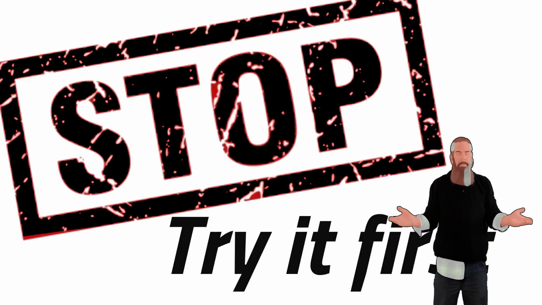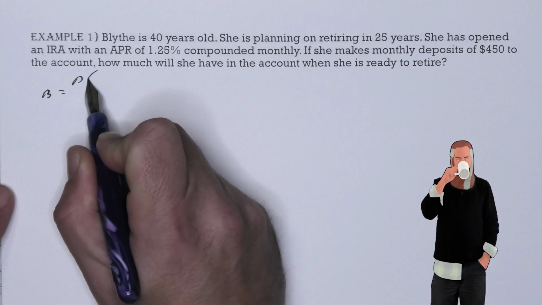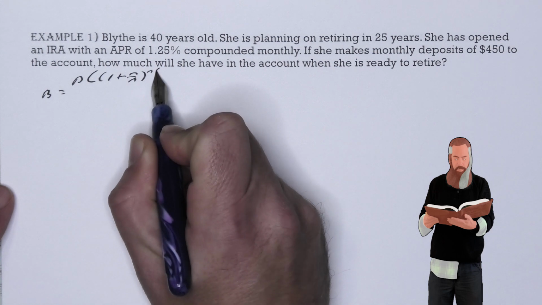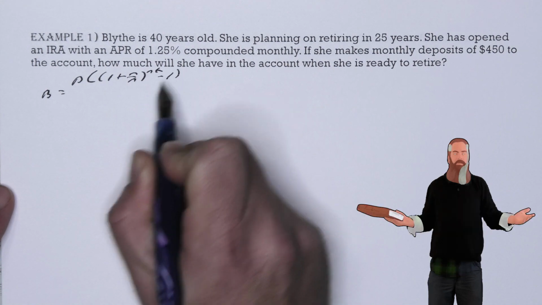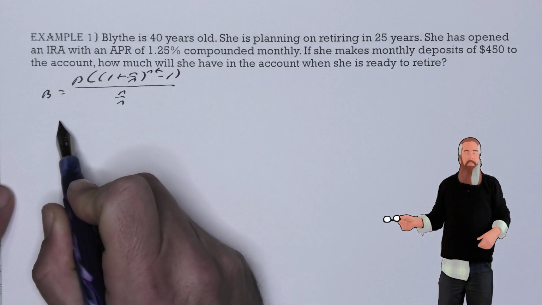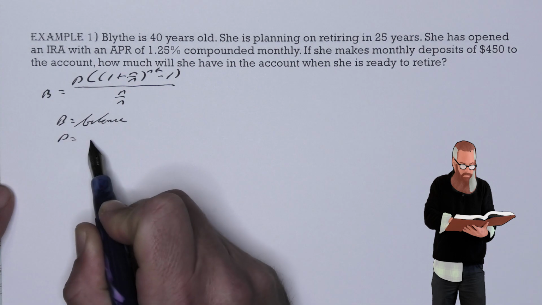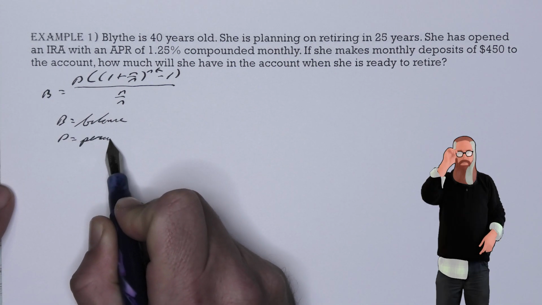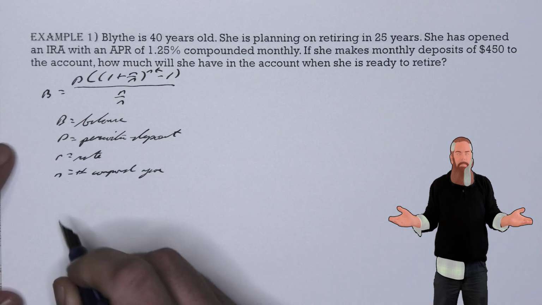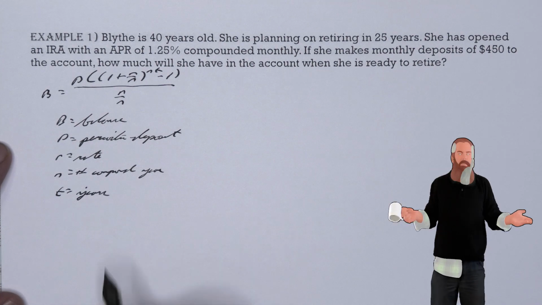To figure this out, we're going to use the formula B is equal to P times ((1 plus R over N) to the NT power minus 1), all of that divided by R over N, where B is the balance, P is the periodic deposit, R is the rate, N is the number of times interest is compounded annually, and T is the time in years.